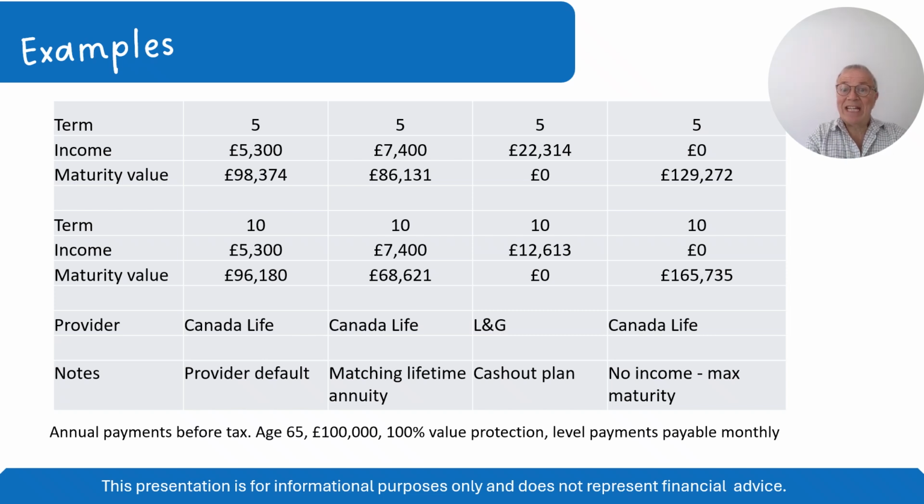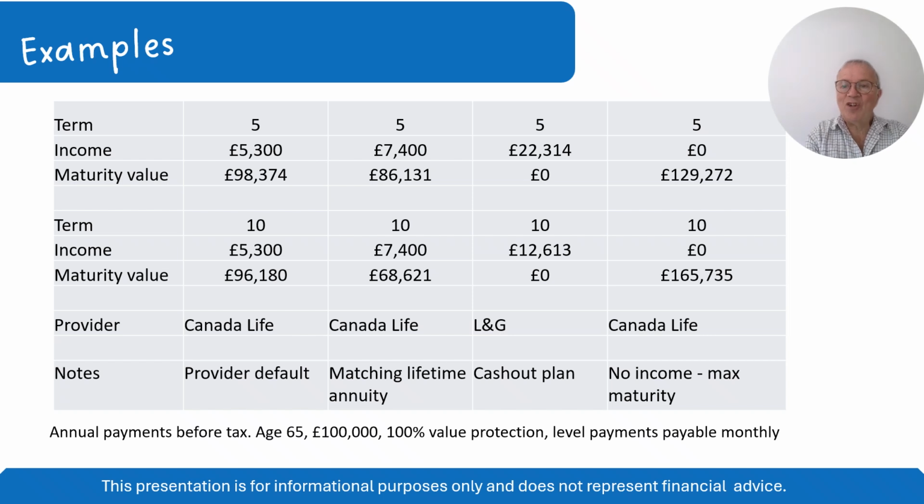Option 3 is the cash-in plan, and you can see here you take the maximum amount of income, so £100,000 would pay you £22,300 for 5 years and no maturity value. Over 10 years it's £12,600.